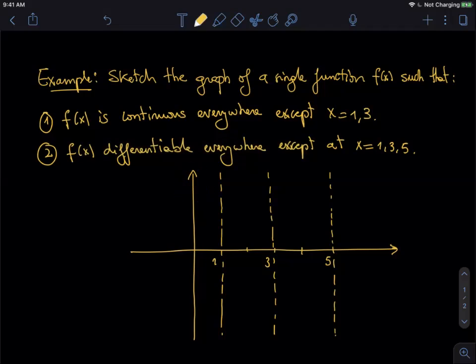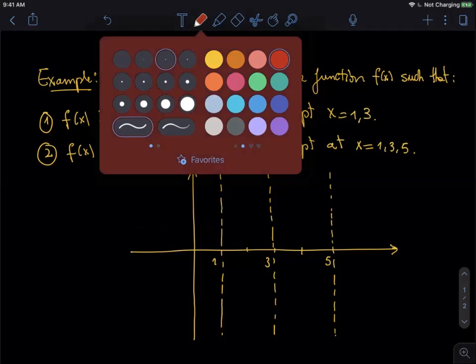Okay. So now we need a function that is continuous everywhere except at 1 and 3, and then differentiable except at 1, 3, and 5. So let's keep it simple. So discontinuous, let's do some jump discontinuity, for example. Let's use a different color maybe.